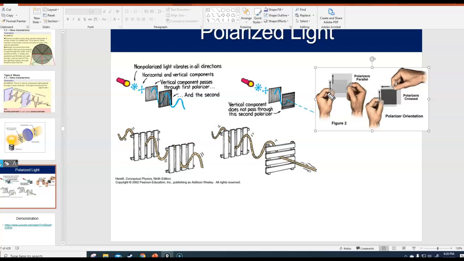Okay, and I will try to do this demonstration for you guys if I get the opportunity to, because it's really cool to see in real life. But as you hold the two films up, as you turn one relative to the other, you can see the intensity of the light that makes it through changes. And if they're 90 degrees to each other, then almost none of the light gets through.